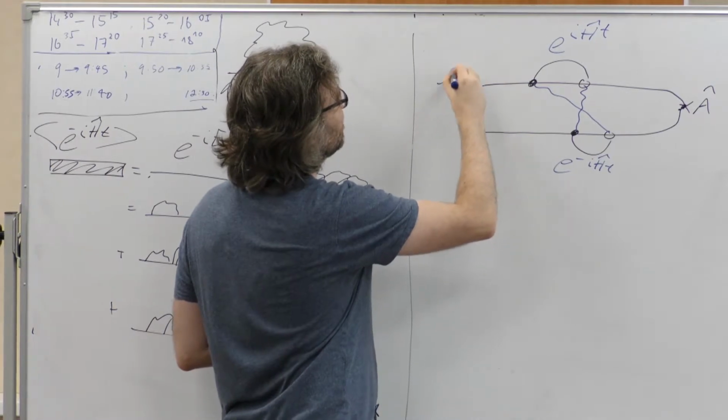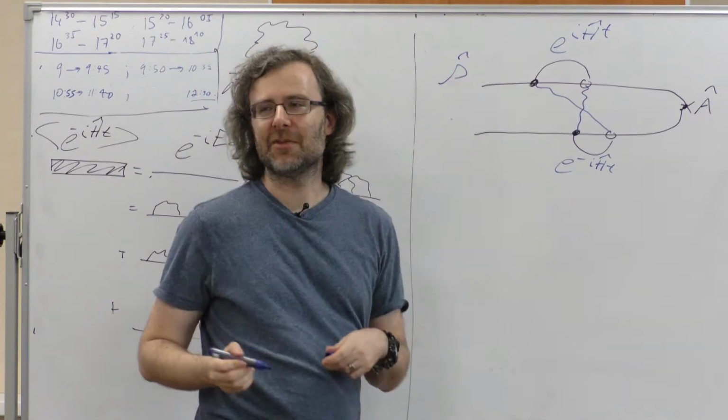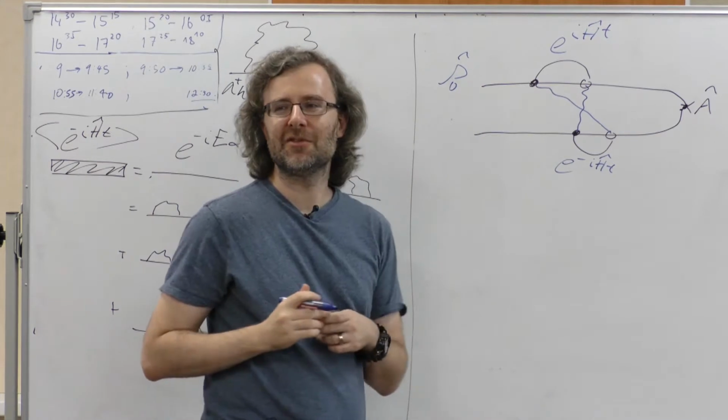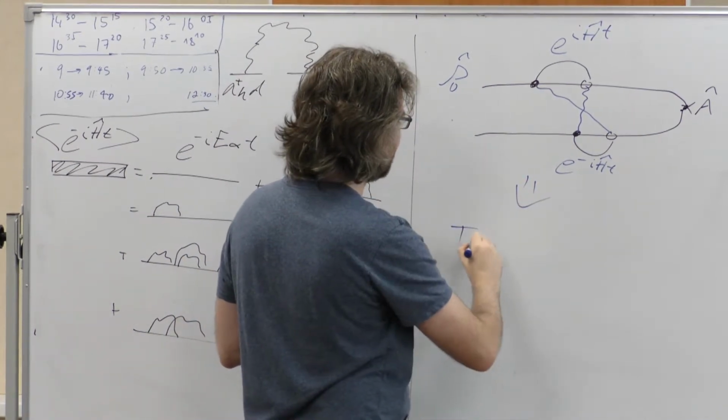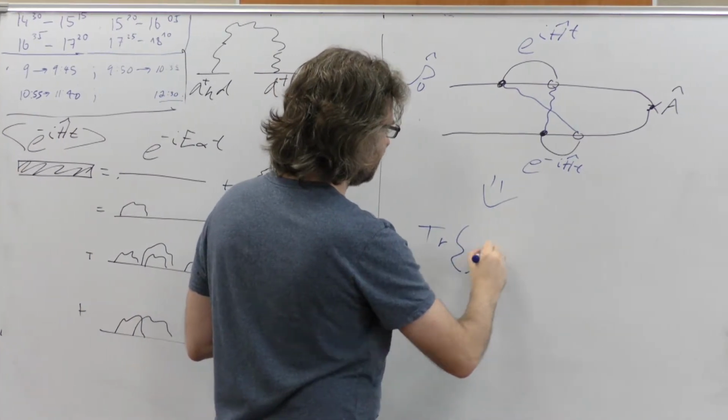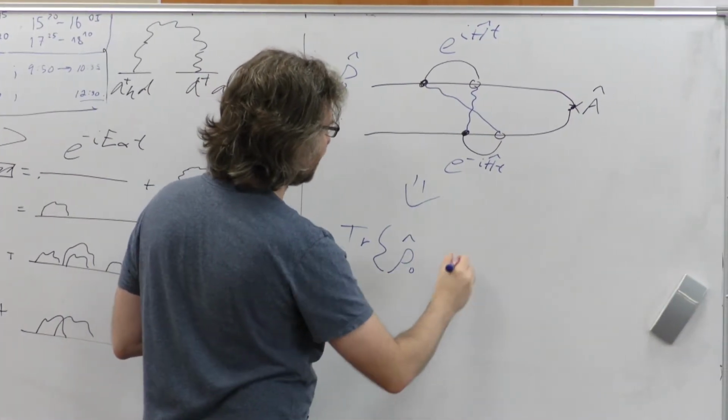And then I'm taking this whole thing and applying a trace. So I have some rho here, which is my initial condition, let's call it rho 0, and I'm applying a trace to this whole thing. So this whole thing, once you sum up all the diagrams, translates into something like this.